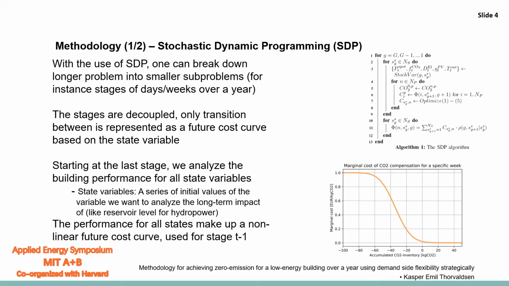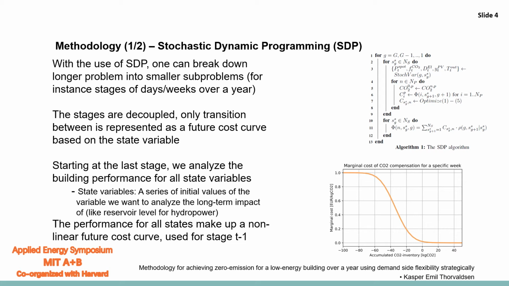That way, when you have done that for a predefined set of state variables, then you can create a nonlinear future cost curve, as shown on the bottom right here, which shows us, in this case, the marginal cost of CO2 compensation for a specific week.